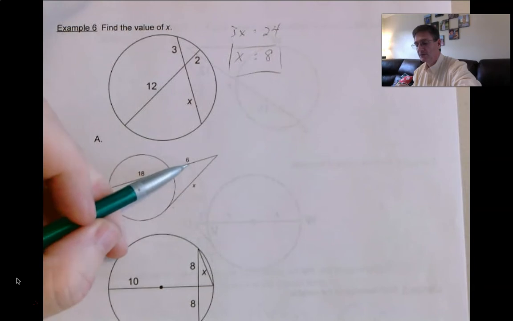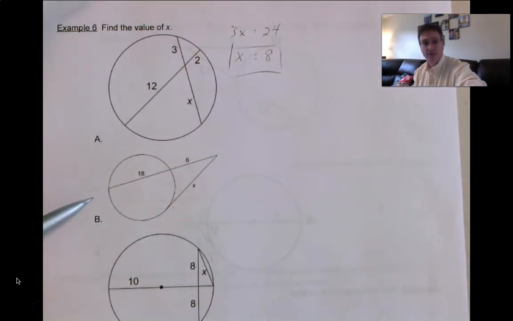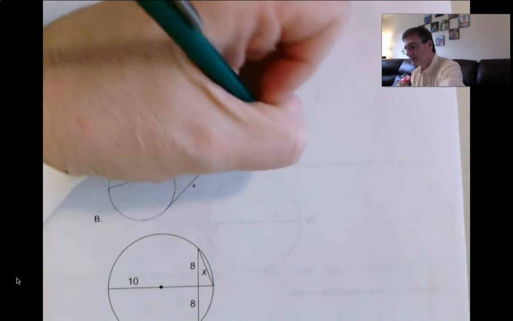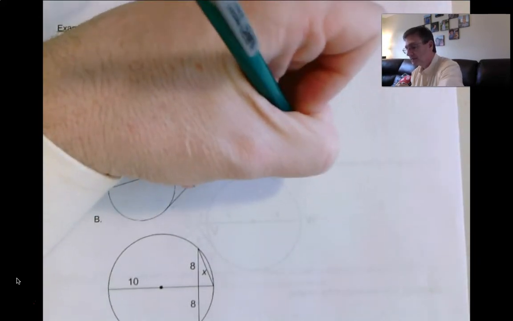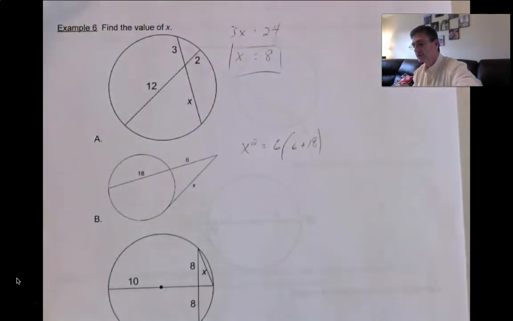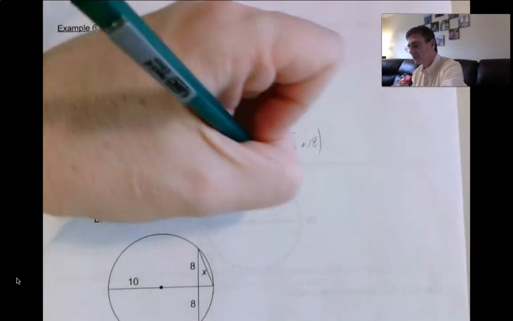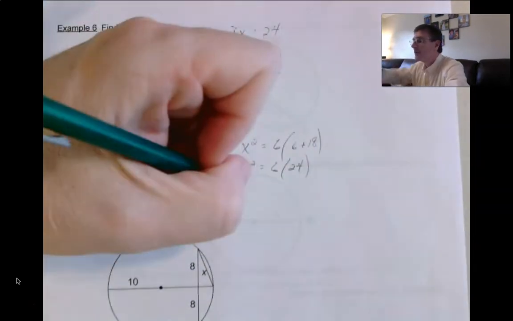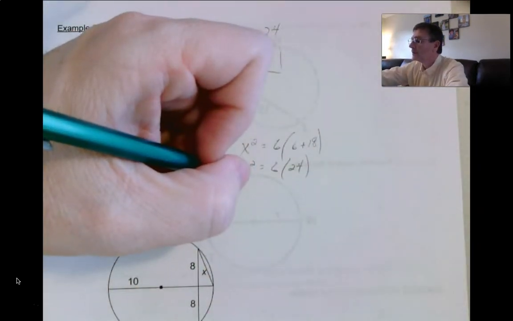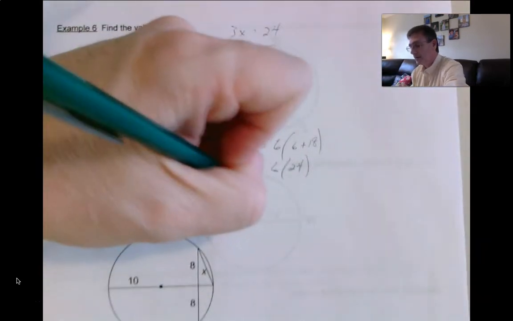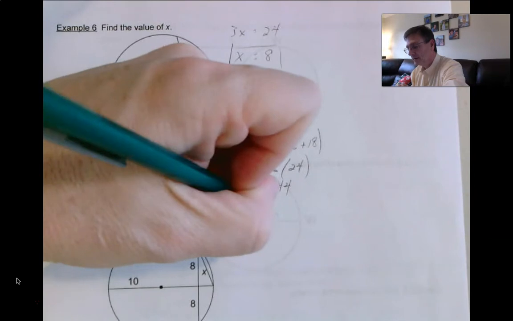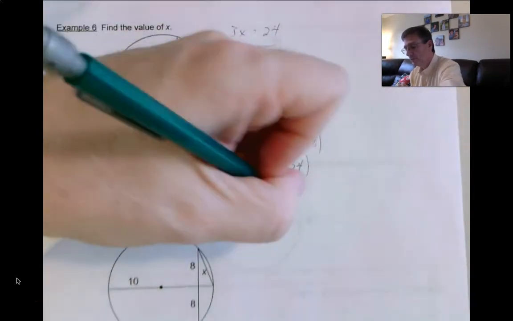X squared is equal to 6 times 6 plus 18. I'll write out the steps for you. X squared equals 6 times 24. X squared equals 144. X equals 12.